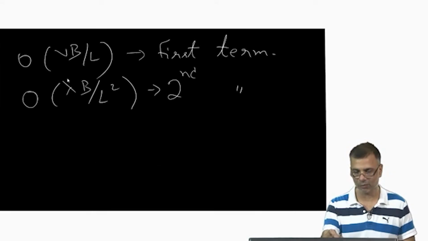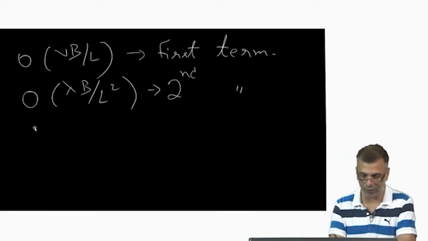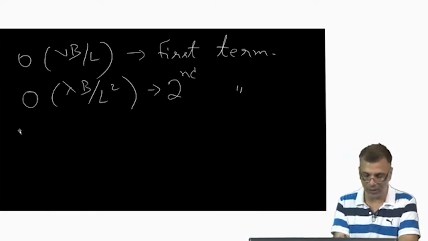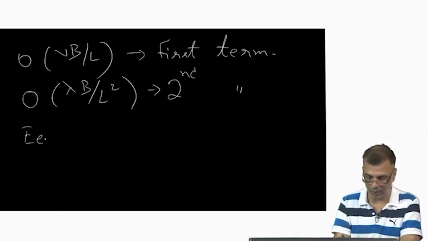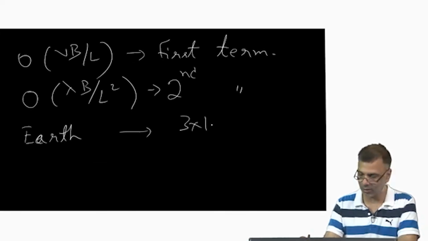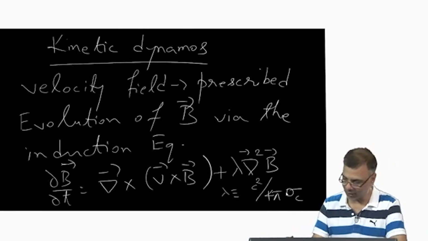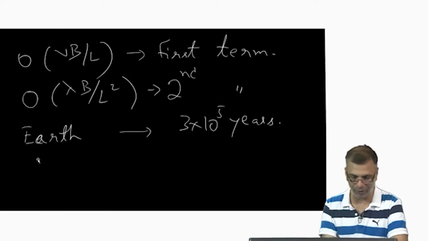So, let's look at the time scale of decay for certain well known objects. For the Earth, it turns out that the decay time scale is something like 3 times 10 raised to 5 years, the resistive decay time scale. Given the values of the conductivity and the length scales and everything, the time scale for resistive decay for the Earth is something like 3 times 10 raised to 5 years.